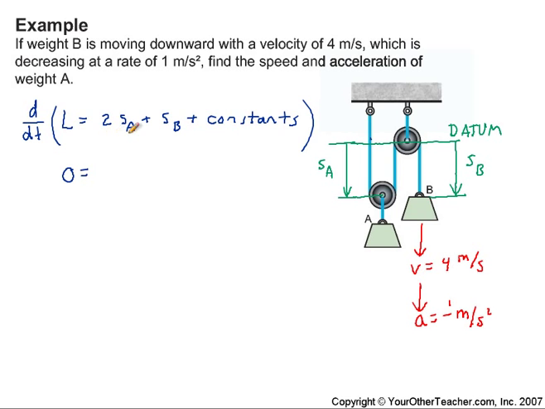The derivative of 2S sub a is going to be 2 times V sub a. The derivative of S sub b is going to be V sub b. And the derivative of all those constants that we grouped together is going to be 0, which is why we grouped them together. So now we have a relationship that tells us how the velocity of A varies with the velocity of B. So we have a velocity equation.